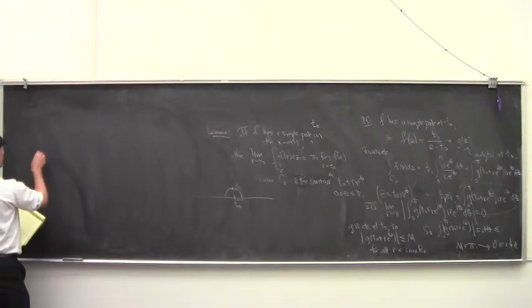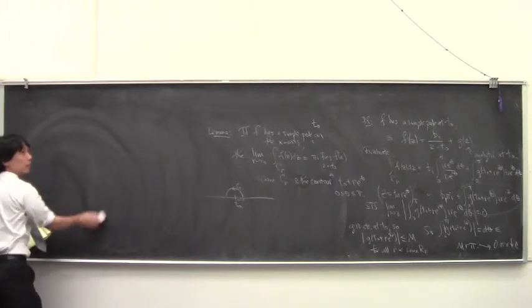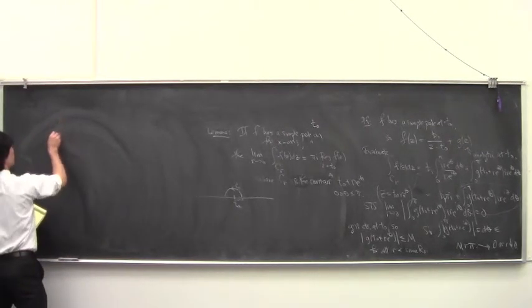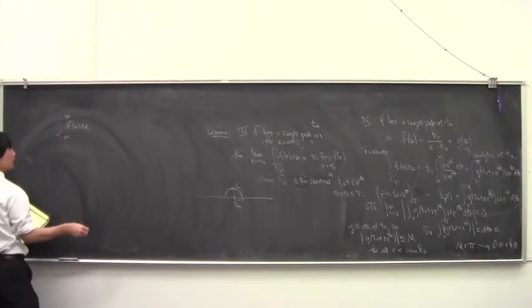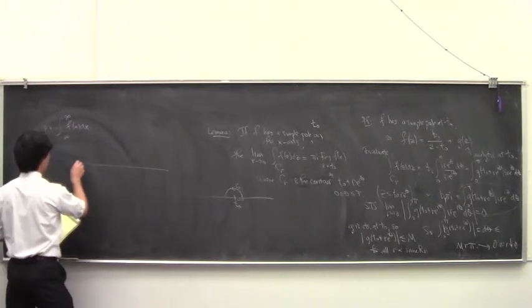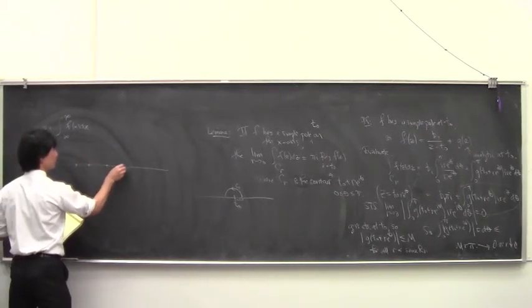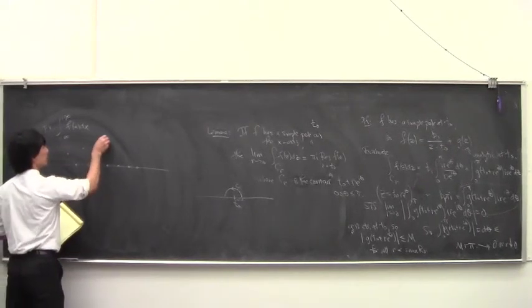So what you do is like this. Somebody asks you to evaluate this sort of thing as a principal value integral, and you have some simple poles here, and you have some singularities above.